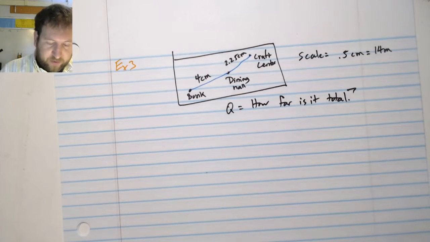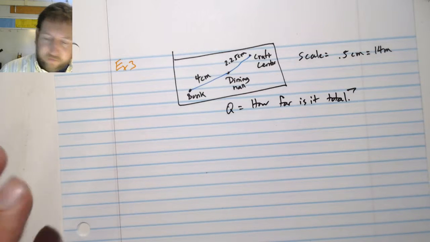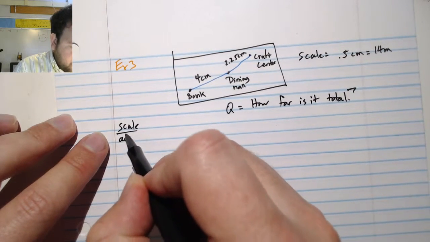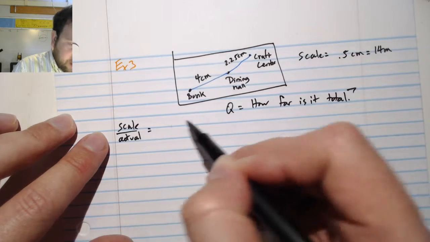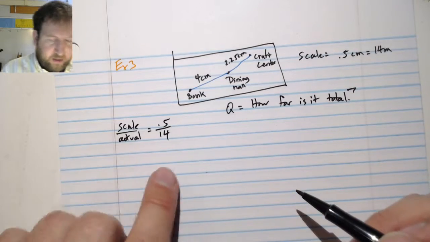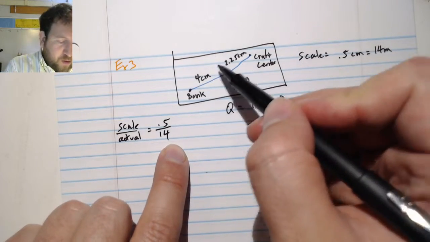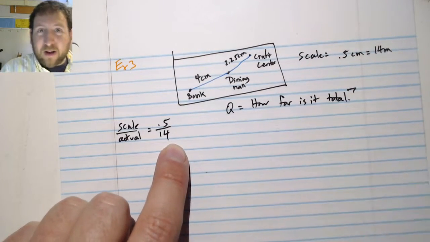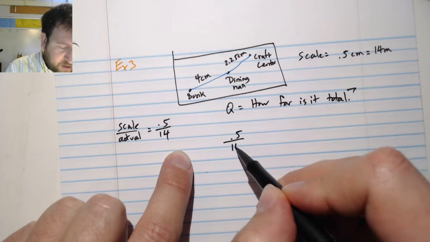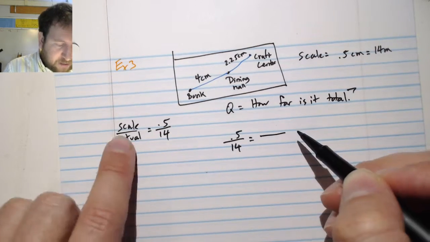I really want to know distance, which is what I'm going to be looking for in this question. I'm going to start off just like I did before by writing down my scale. Scale to actual equals 0.5 to 14. Now I'm going to turn it into a proportion: 0.5 to 14 equals my scale distance.